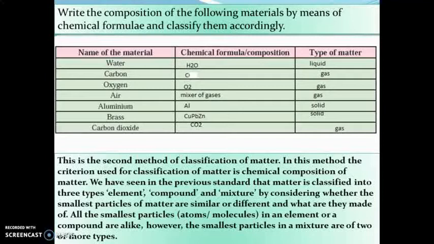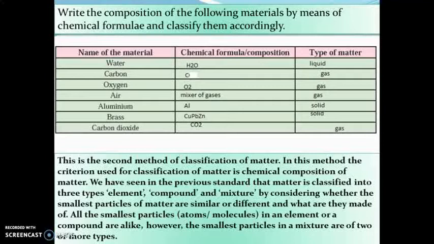Okay, so we have studied the three types, that is element. Element means single matter, single atom. Compound is two or more elements combining together, and mixture means everybody gathered together. All the smallest particles, that is atoms or molecules, in an element or a compound are alike.